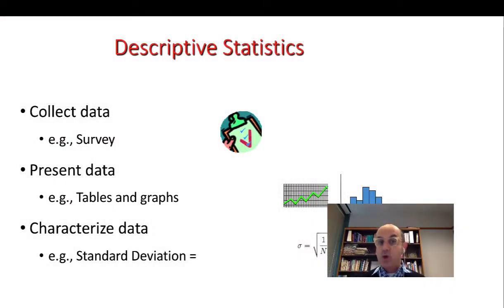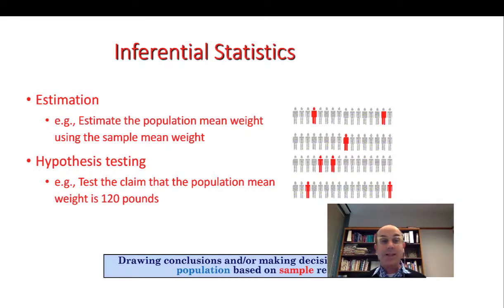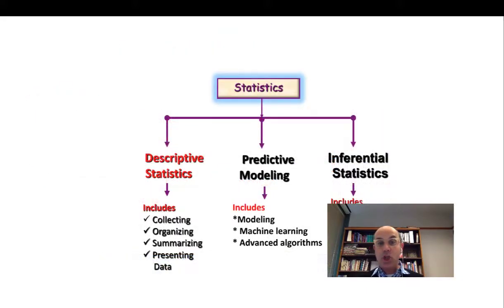So what is descriptive statistics? It is about collecting, presenting, and showing some characteristics, standard calculations such as standard deviation, in order for us to understand the data. In comparison, in inferential statistics, we are taking a sample from the population, we are stating the hypothesis in order for us to make predictions about the entire population.